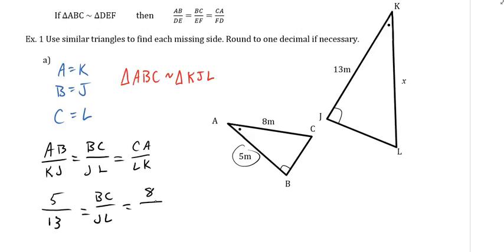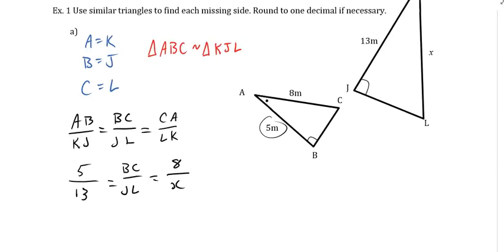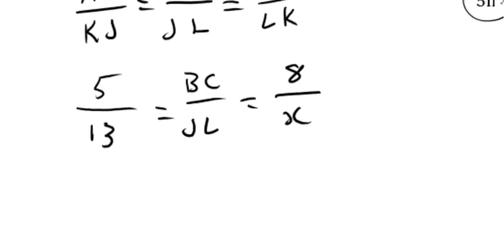And KL or LK is x. So all of that work was to get this statement. It's a proportion. In this case, I'm not worried about that. I don't need to find anything in there, and I don't know anything in there, so I just ignore it. I have to find x.